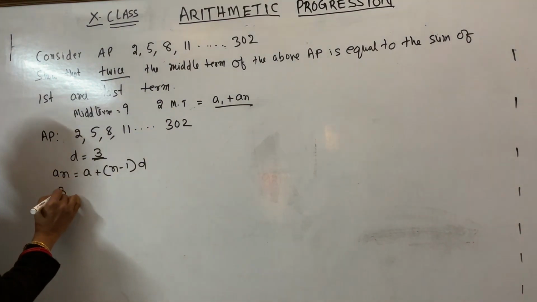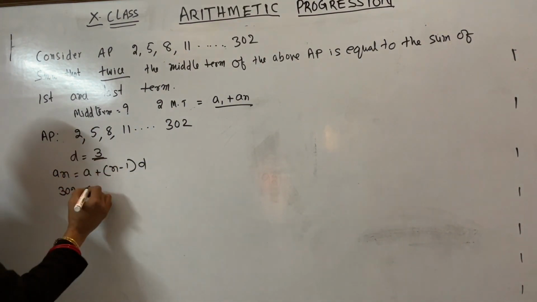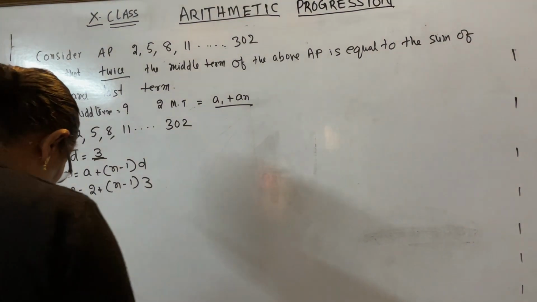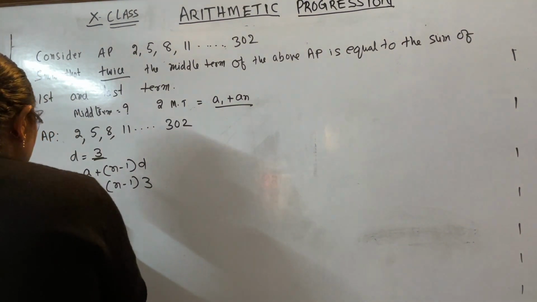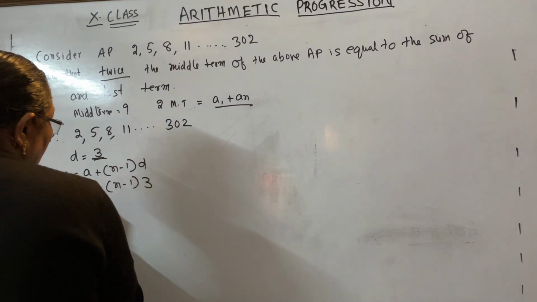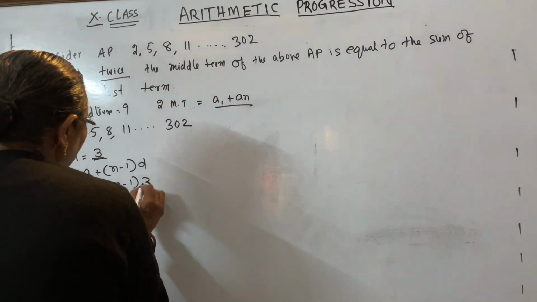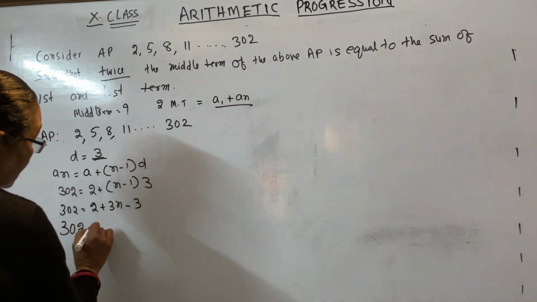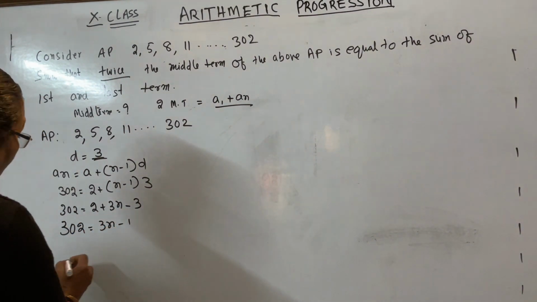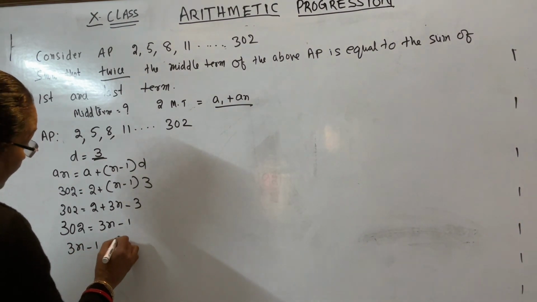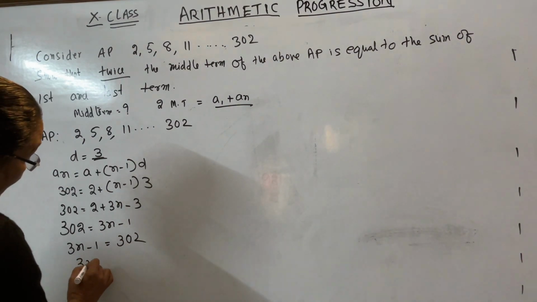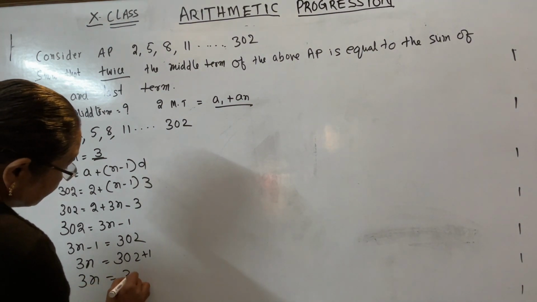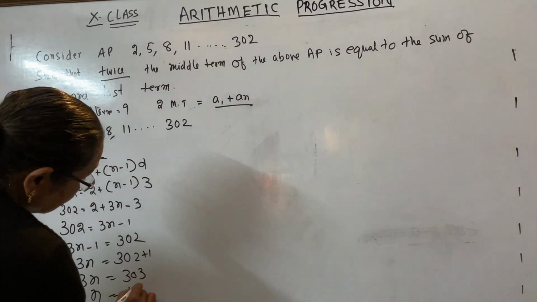The nth term is 302, which equals 2 plus n minus 1 into 3. So 302 equals 2 plus 3n minus 3, that is 302 equals 3n minus 1. Now 3n equals 302 plus 1, that is 3n equals 303, so n equals 101.